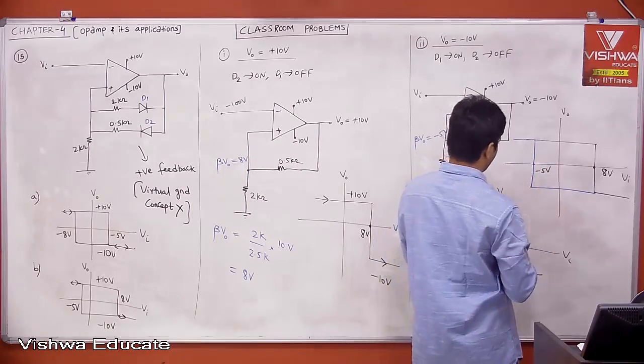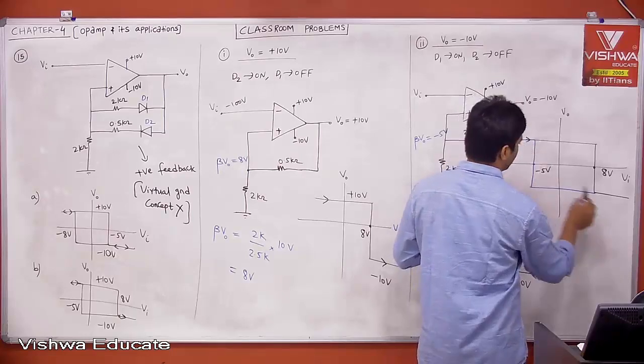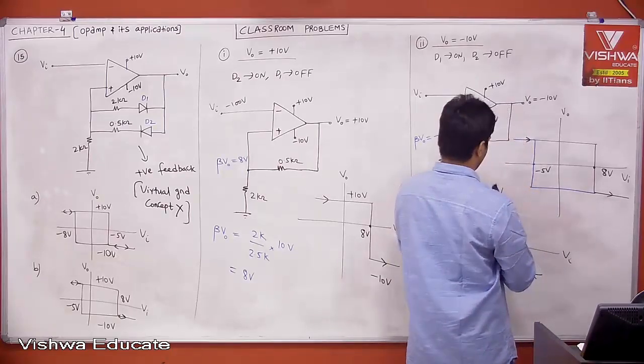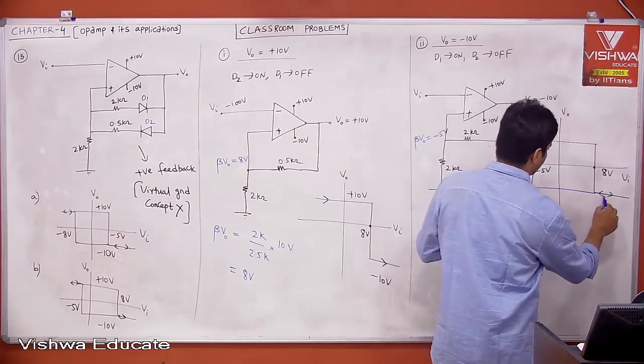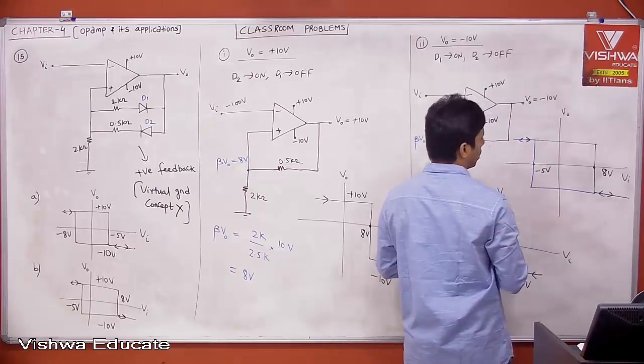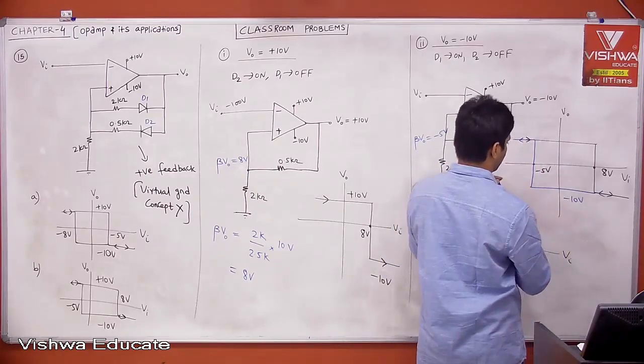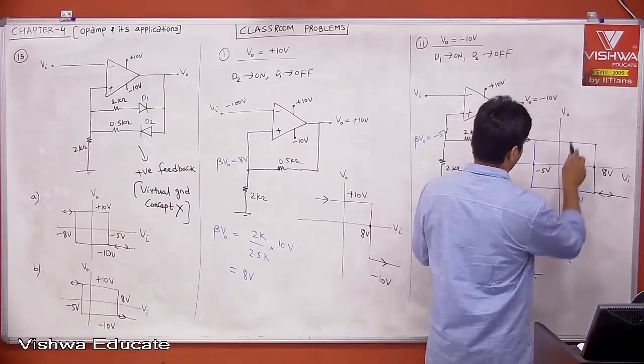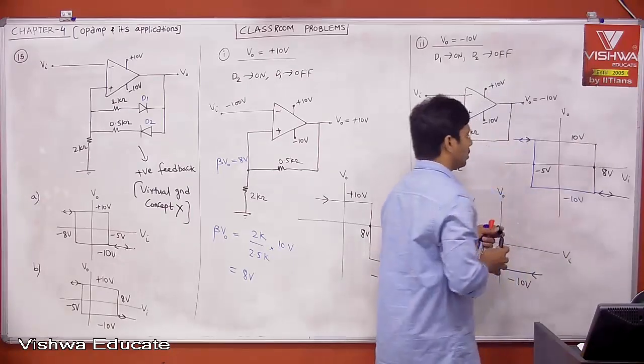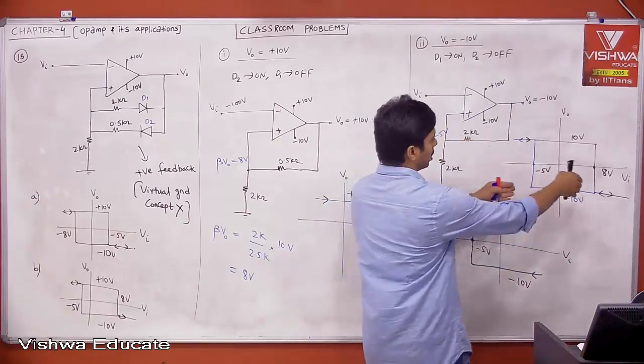Therefore, this is the direction. Now this is the direction. Therefore, this is plus 10 and this is minus 10. This has hysteresis in between.